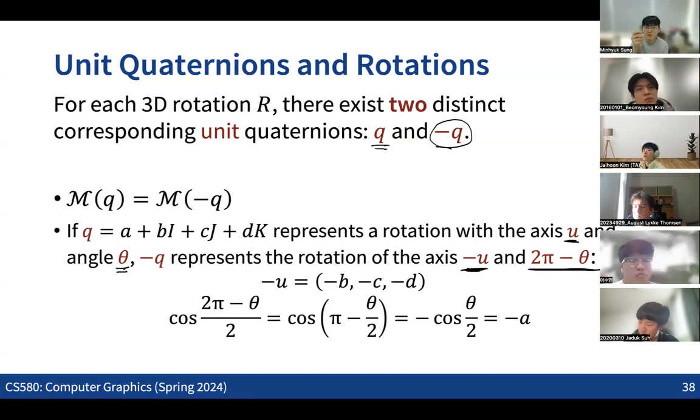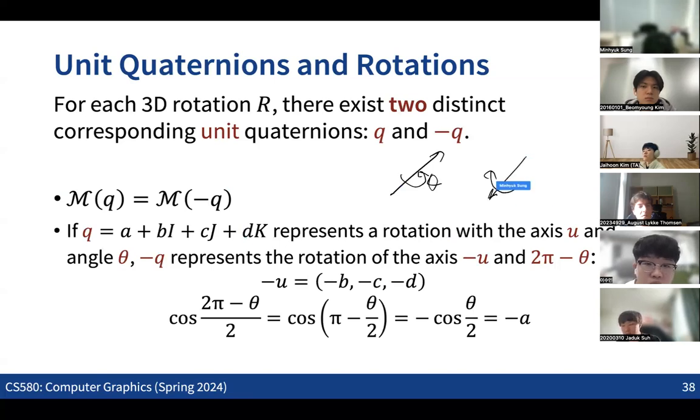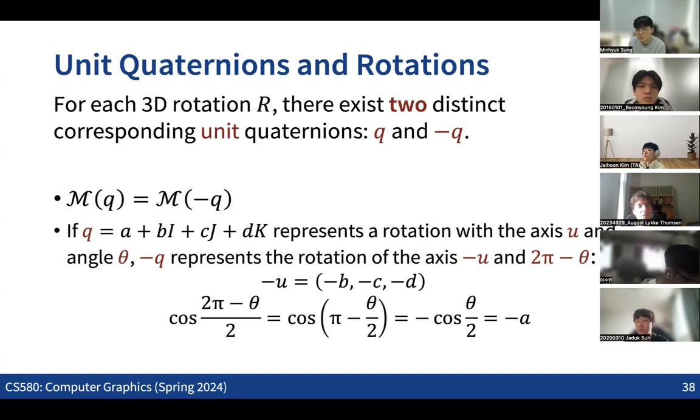So whether you rotate this way, or flip the rotation axis and rotate by 2 pi minus theta, these two become exactly the same rotation, right? So this is an interesting fact.